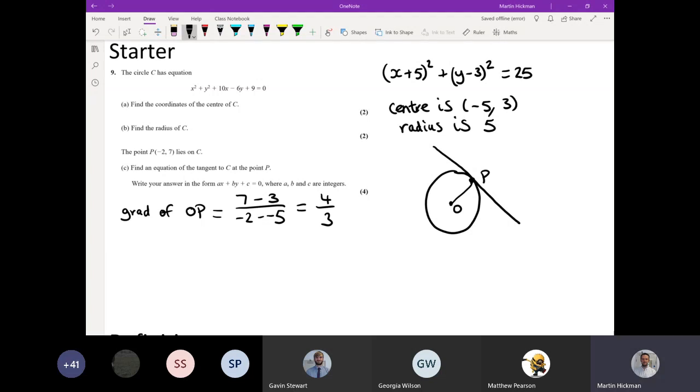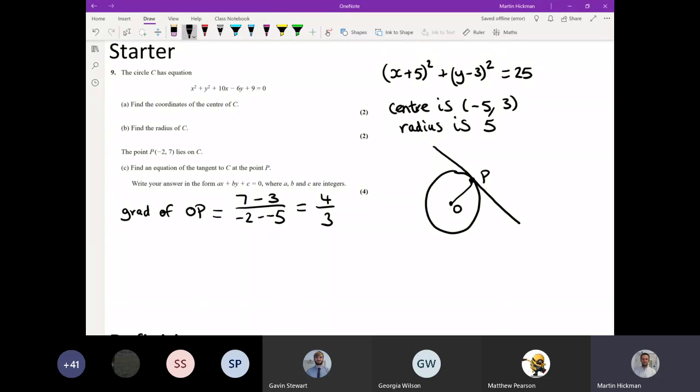Okay, now that is the gradient of my radius, but we want to find the gradient of the tangent. Now, I think the misconception here a lot of you have had is that you're thinking, well, I've got to find the tangent, so surely I don't need to find the normal gradient. But if you look at the radius, well, the tangent is perpendicular to that radius.